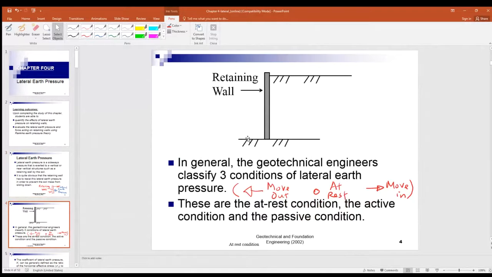Now, the retaining wall could either remain at rest here, at rest, or it could move out.